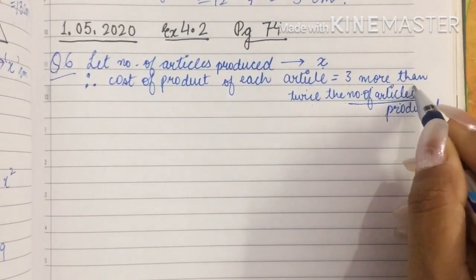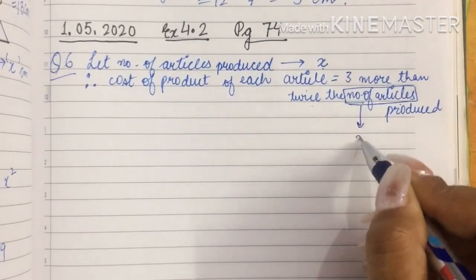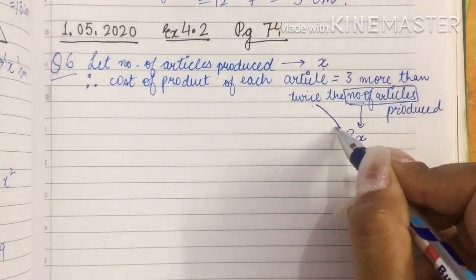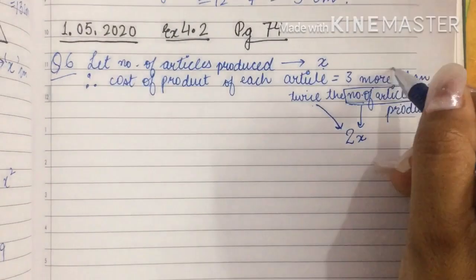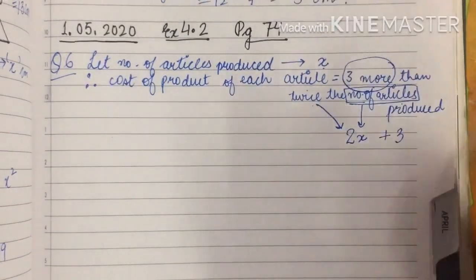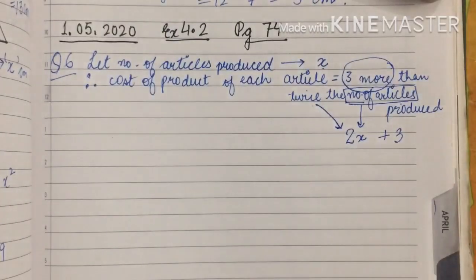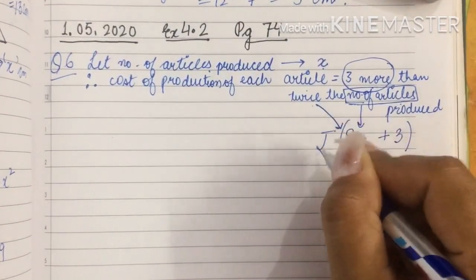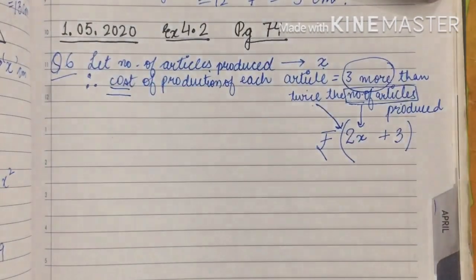Now the number of articles has been taken as x. Twice means 2x, and 3 more can be written as plus 3. So this is the cost of production of each article, and this will be in rupees because it's cost.